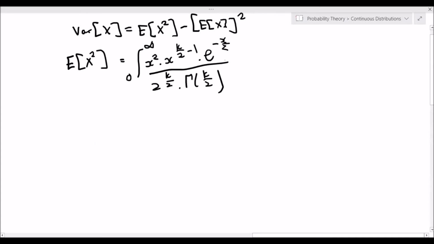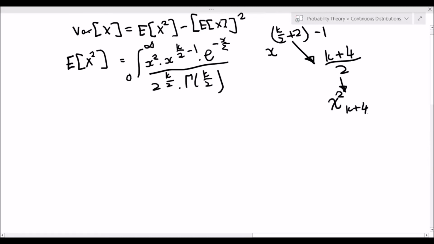So our exponent is now going to be x to the power k/2 plus 2 minus 1. So what does this suggest? This suggests that we want (k+4)/2. That means we want the PDF of a chi-square distribution with k+4 degrees of freedom. So let's go and see what that looks like.